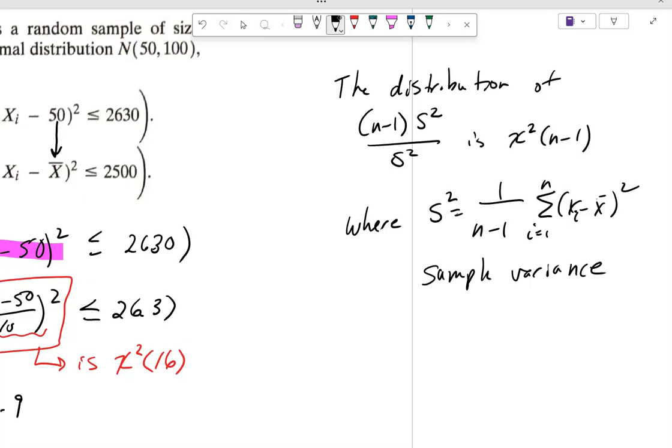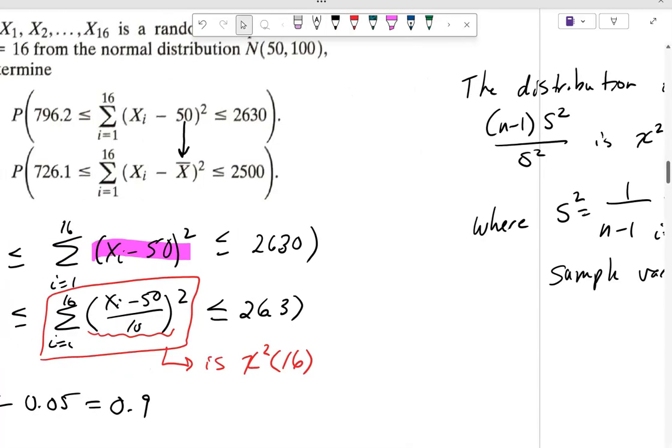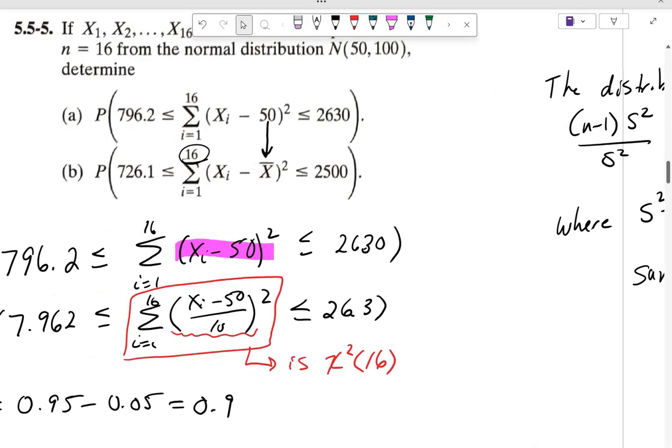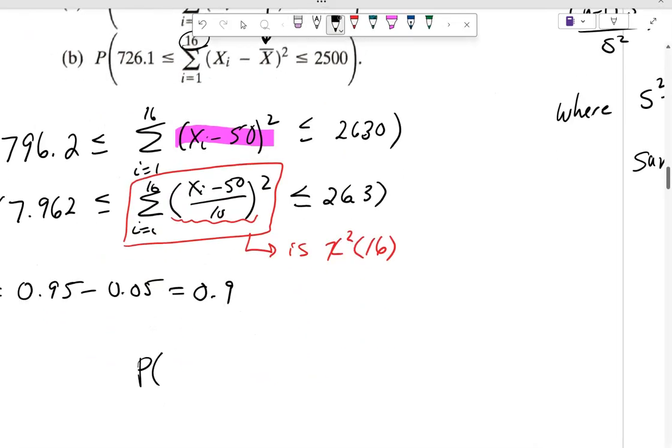Okay? So in this case, when we're summing 16 things together, you lose a degree of freedom when I use the sample variance to estimate. Okay? I still want to do the same thing. I will still divide everything by the variance of the distribution that we have.